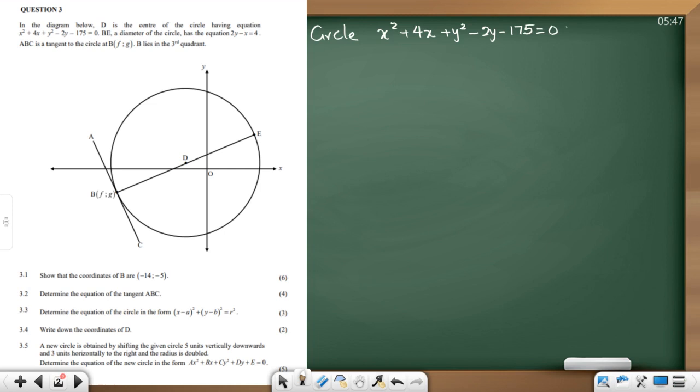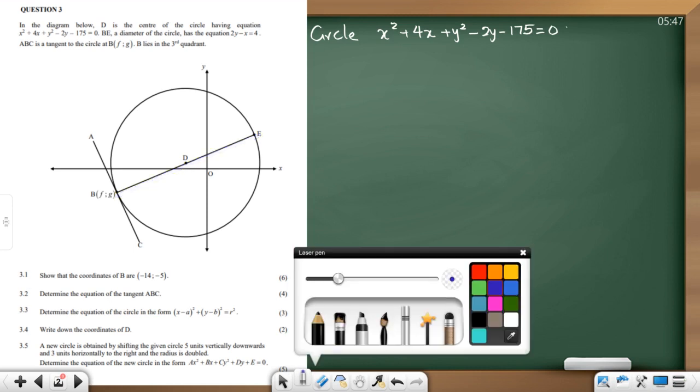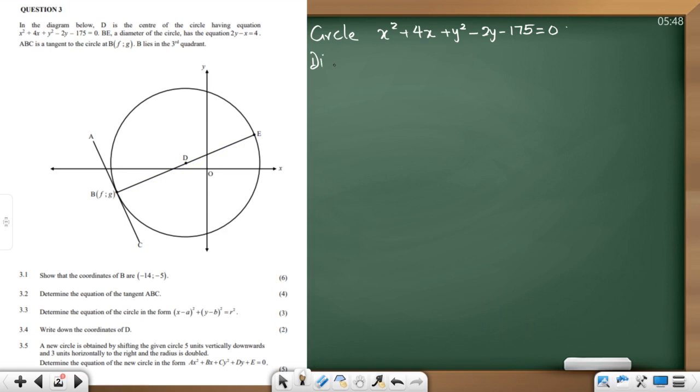BE is a diameter that has the equation 2y minus x equals 4.